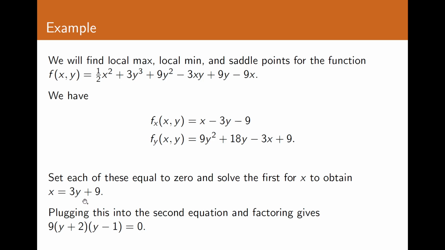So if y is equal to 1, I can plug this back into here, and I'll get 3 times 1 plus 9, which is 12. And similarly, I can plug the negative 2 in here, and I'll get 3 times minus 2, which is minus 6, plus 9, so I get 3. So my two critical points here are (3, negative 2) and (12, 1). And those are all of the critical points, because we can see these partial derivatives are defined everywhere.